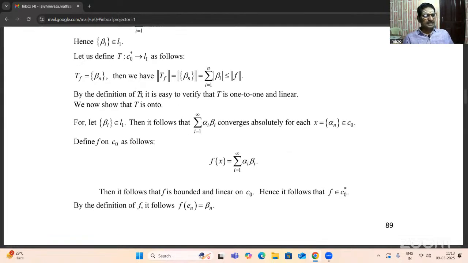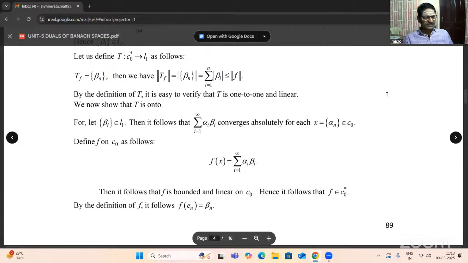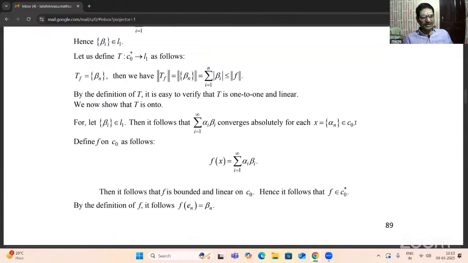Because I of x equals x, at the same time on the transformation, norm Tf equals norm f. From the definition of the transformation, it is easy to verify that the transformation is one to one and linear. Again, we show that capital T is onto. Onto means given a sequence in C0, the summation of alpha i beta i also converges absolutely.